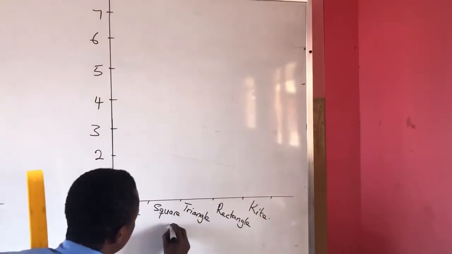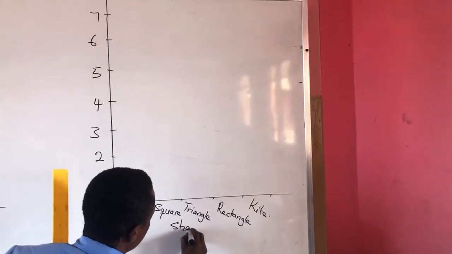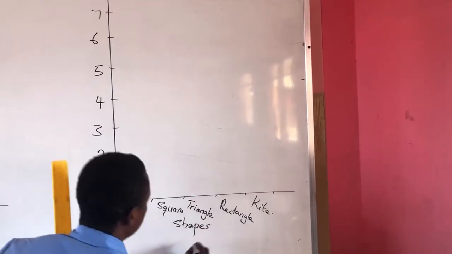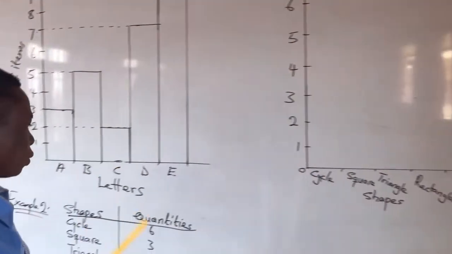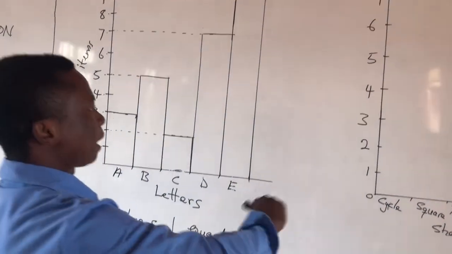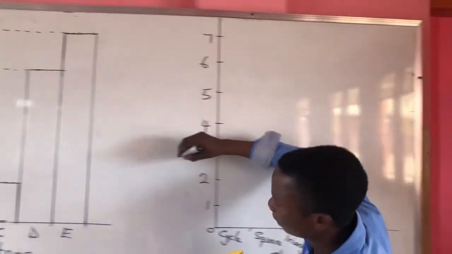These are all shapes. And these are all quantities. So you have to write your quantity over here. All right. So let's write our quantities over here.